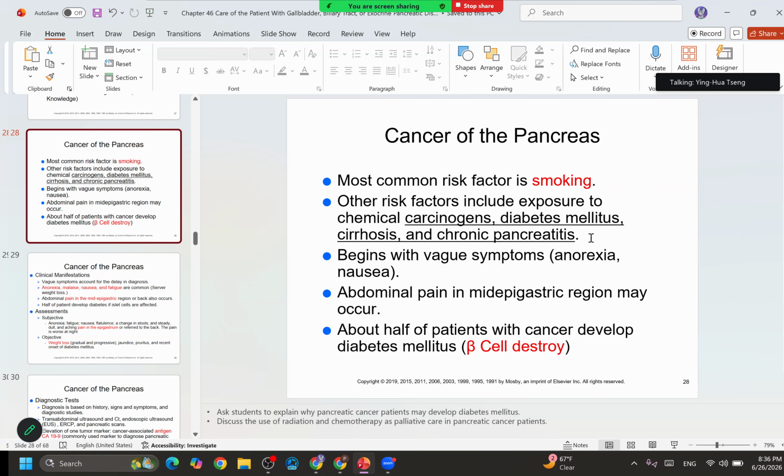That also means it will destroy the beta cells. The same as pancreatitis, the beta cells get destroyed. That means the patient doesn't have insulin anymore. The beta cells are not releasing insulin anymore. So the patient will need insulin treatment or some medication treatment to control the blood sugar. The blood sugar is going high right now.